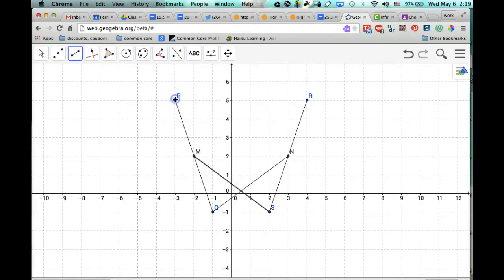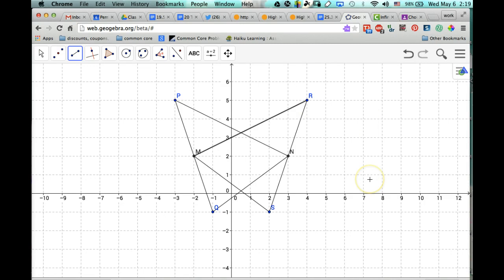I'm going to go ahead and connect the P and the N and the R and the M because guess what? When I do that, I have enough information to prove that this triangle over here is congruent to the other triangle right here. And when I can prove that, I know that these 2 angles will measure the same, these 2 angles will measure the same, and this angle will measure the same as that one. And I'll be able to prove this, right?